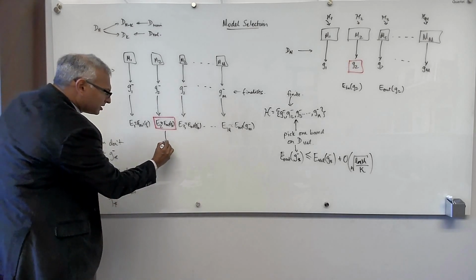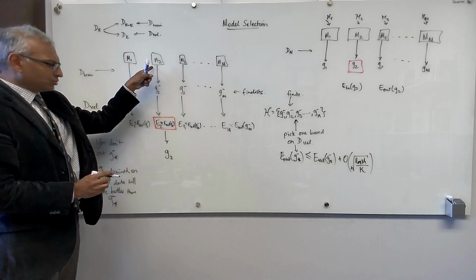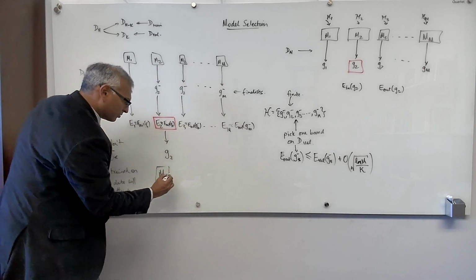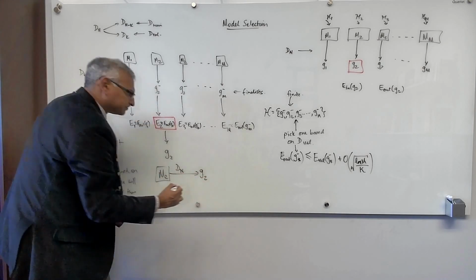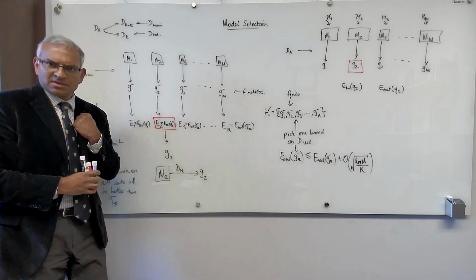So you output from here G2. What does that mean? You run model 2 with all the data. So you take model 2, you run all the data, Dn, and can compute G2. Okay. Now, there's a leap of faith here. What's the leap of faith?